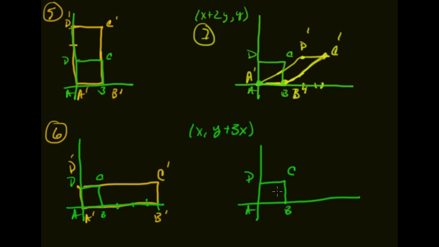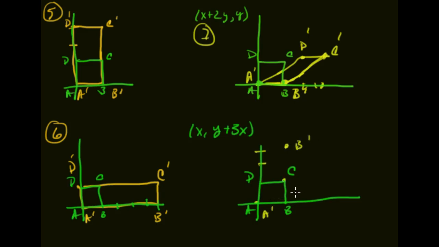So 0, 0 doesn't move. So 0, 0 stays where it is. B is hanging out at 1, 0. So this is going to be still 1, and then the other one becomes 3. So there's 1, 2, 3, puts B prime up here.